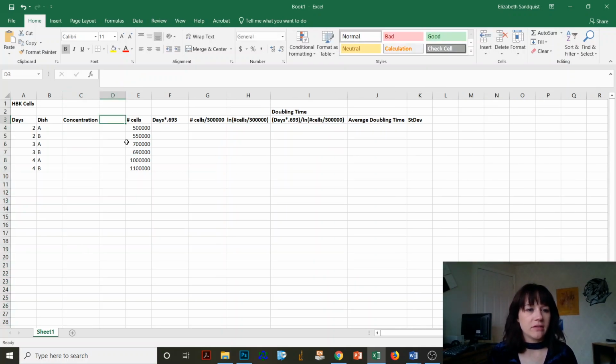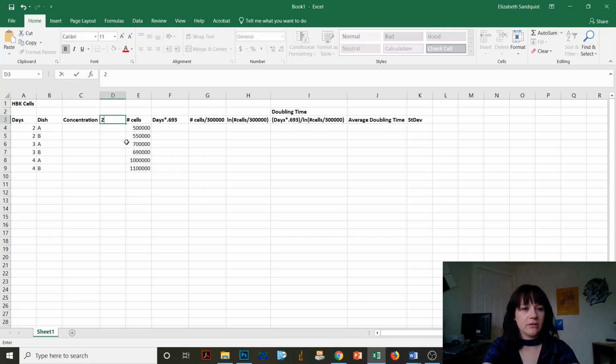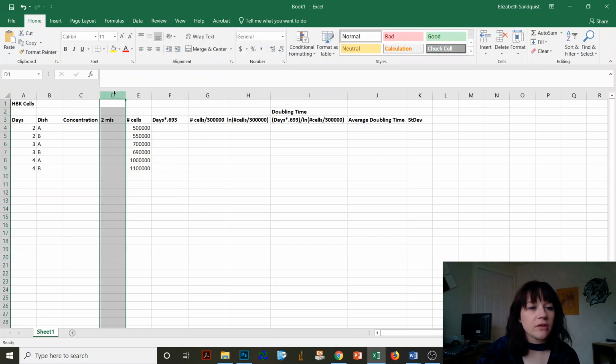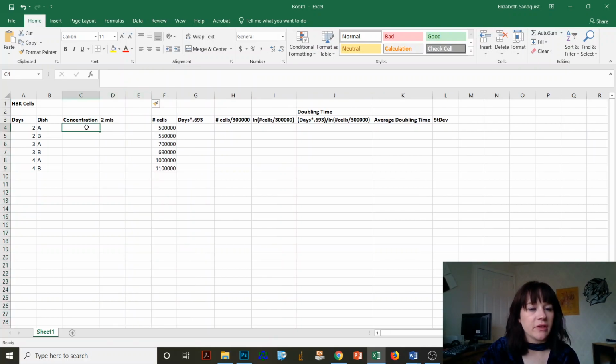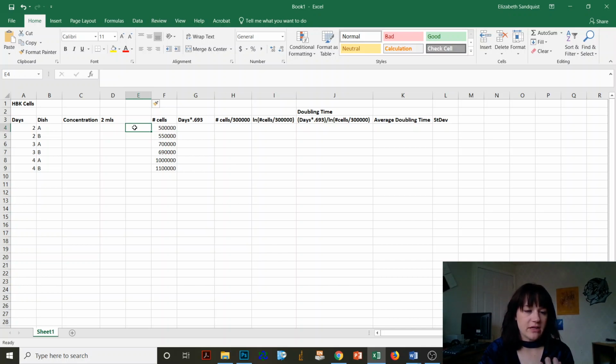So in that case, the volume that I resuspended those cells in was, let's see, half plus 1.5, so 2, right? So you're going to get a count or a concentration of cells, and you're going to multiply that times 2 to give you the number of cells that were in that dish, all right?